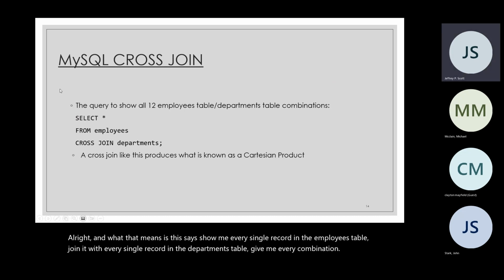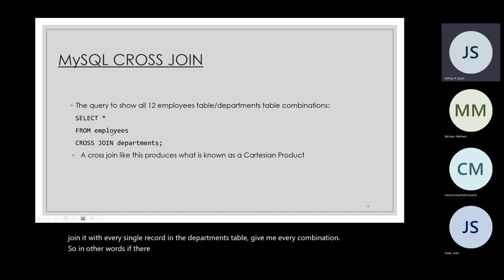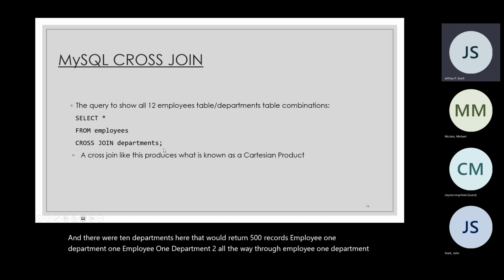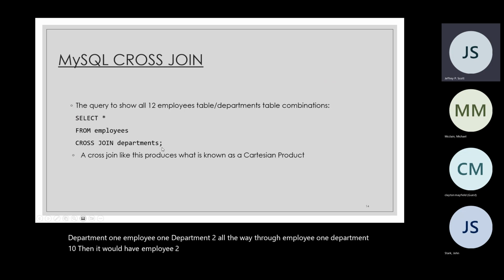So in other words, if there were 50 employees here and there were 10 departments here, that would return 500 records. Employee 1, department 1, employee 1, department 2, all the way through employee 1, department 10. Then it would have employee 2, department 1, etc. Most of the time, when you get a Cartesian product join, not always, but most of the time, it's because you made a mistake. You didn't mean to do it.